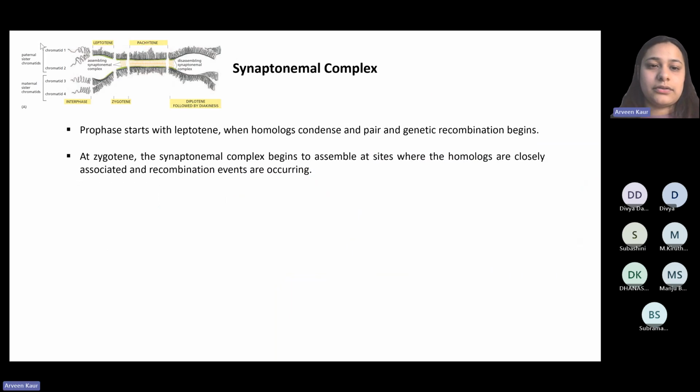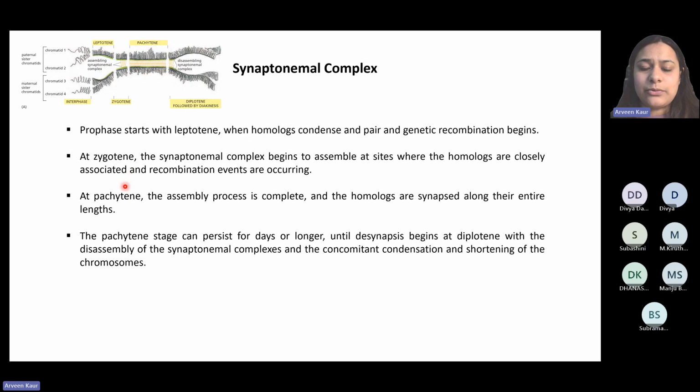Okay, so talking about the synaptonemal complex. The prophase basically starts with leptotene, when homologues condense and genetic recombination begins. At zygotene, the synaptonemal complex begins to assemble at sites where the homologues are closely associated and the recombination events are occurring, right? After this, at pachytene, what will happen?